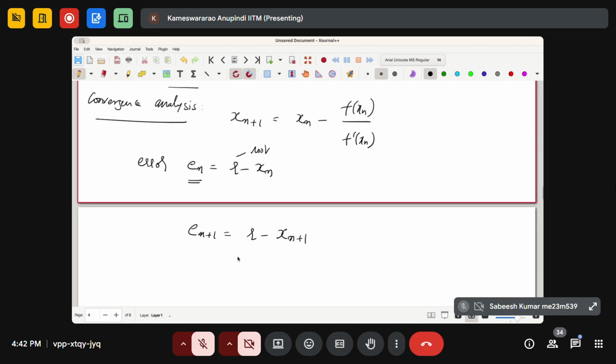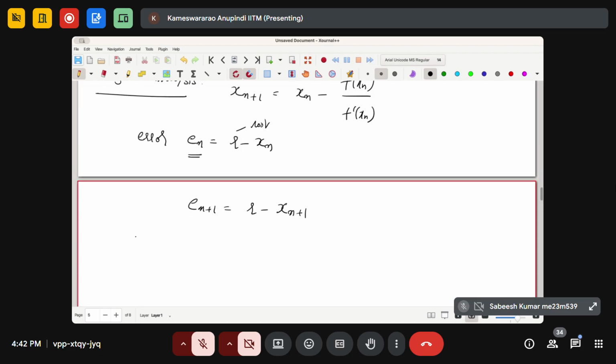Fine. So then I can now define f of r. f of r is essentially equal to 0, right? Because the value of the function at the root is equal to 0. But this can also be written as r equals x_n plus e_n, right?